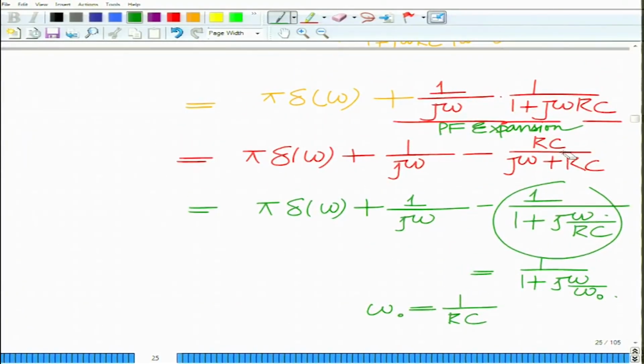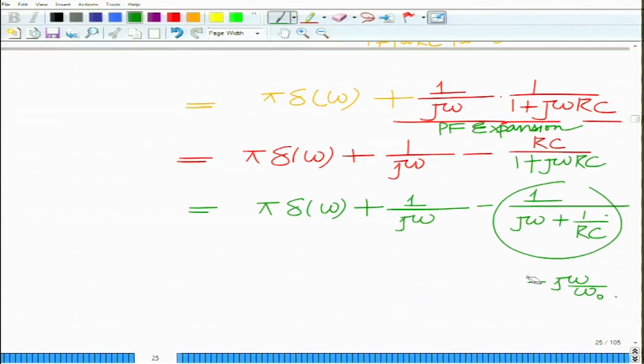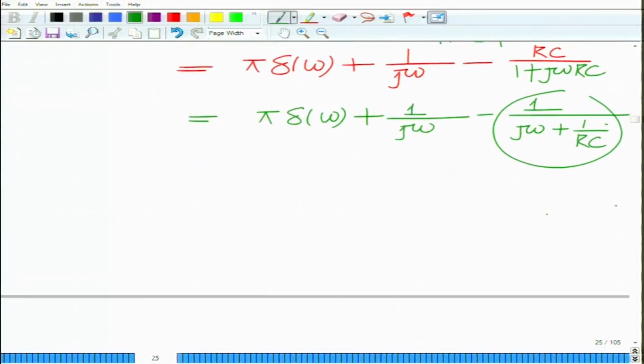This is j omega plus 1 over RC. Okay, let me just keep this as it is for a moment. So, this is 1 over j omega plus 1 over RC.